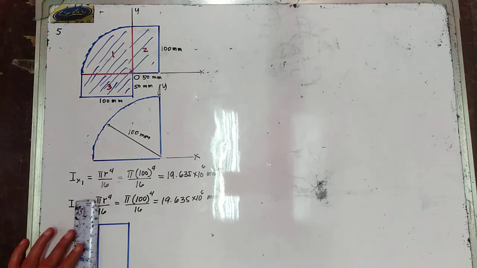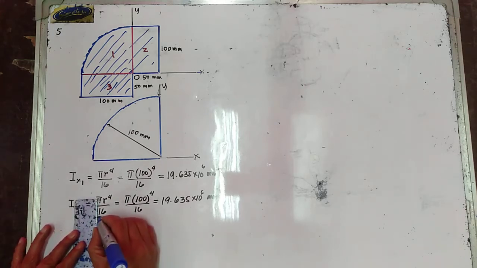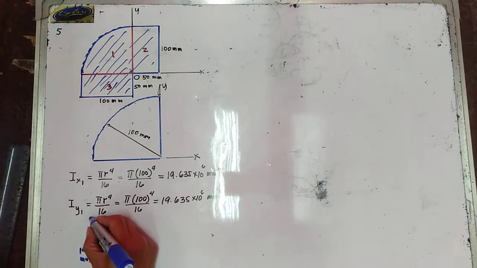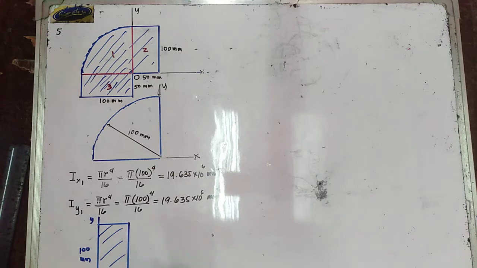Now, so this is the y-axis, and this one is the x-axis. So this is the area.